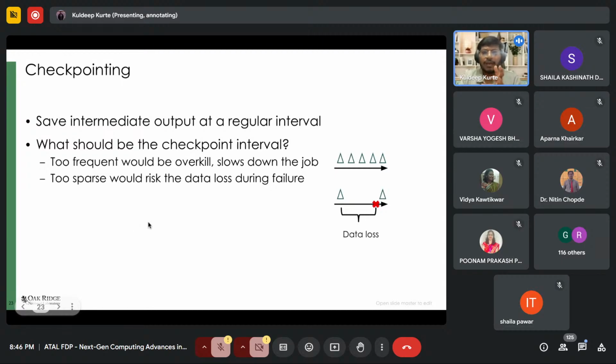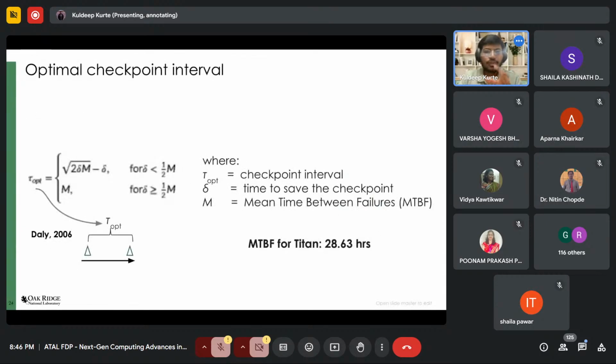The downside of the other extreme is, if you take the checkpoint too sparsely, there is a high risk of data loss. So how can we come up with the optimal checkpoint interval? What is the trade-off? That's where this particular paper by Daly, 2006, came into the picture.